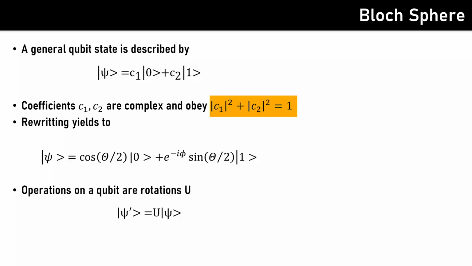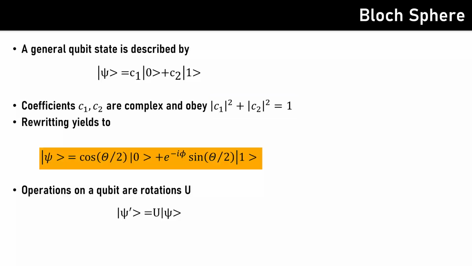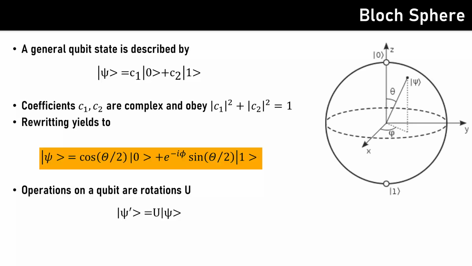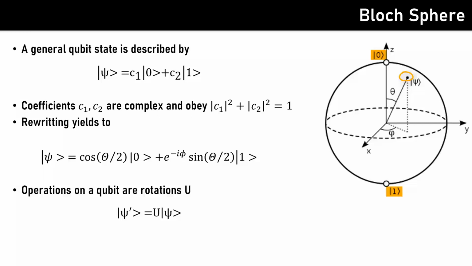Since C1 and C2 are complex, and we are free in the choice of the parameters used, we can rewrite the state psi by using angles phi and theta, which gives us a very powerful geometric interpretation of the qubit. In this interpretation, a qubit state can be seen as a point on the unit sphere where the antipodes along the z-axis are identical to the states ket 1 and ket 0.